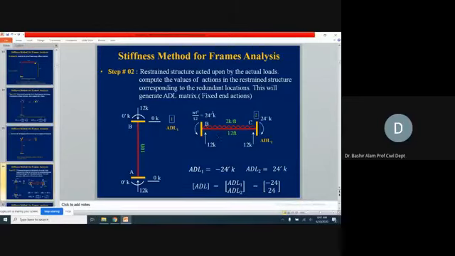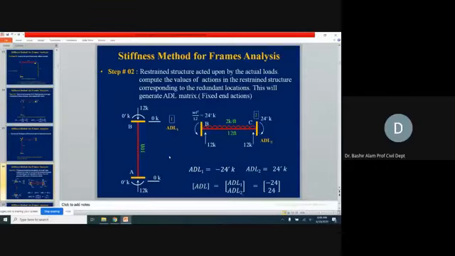That will give me my ADL matrix. Only these 3 numbers were required. But why am I going into such detail, finding all the member end actions? Because the rest we are going to use when we go to the AML matrix. That is why I am clearly writing all the member end actions.